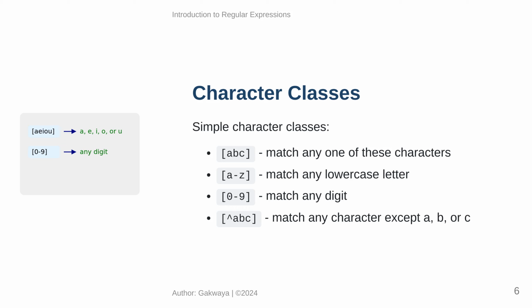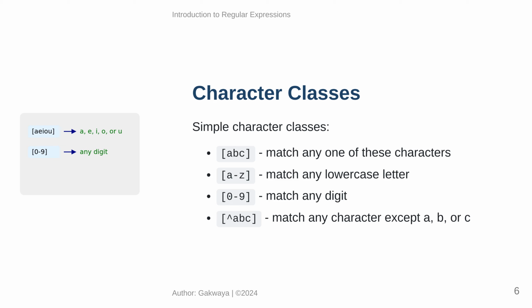Character classes are one of the most versatile features in regular expressions. They allow us to define a set of characters, any one of which can match at that position in the pattern. Think of them as creating a menu of acceptable characters. When you put characters in square brackets, you're saying, match any one of these characters.